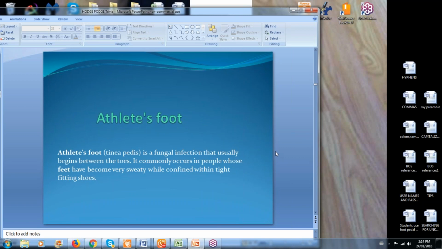Athlete's foot is otherwise known, as far as medical words go, as tinea pedis. It is a fungal infection that usually begins between the toes. It commonly occurs in people whose feet have become very sweaty while confined within tight-fitting shoes.